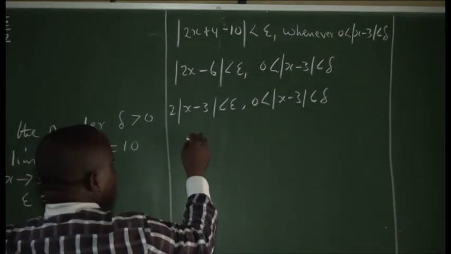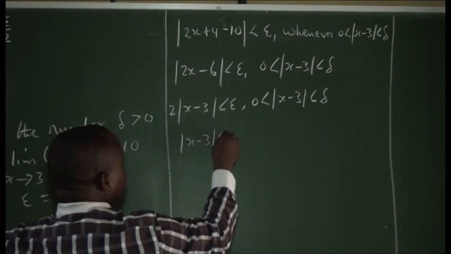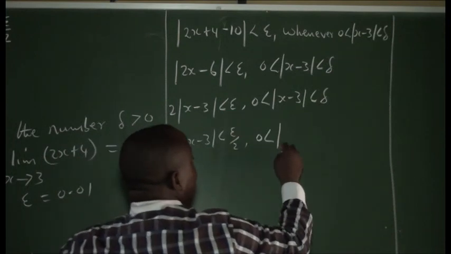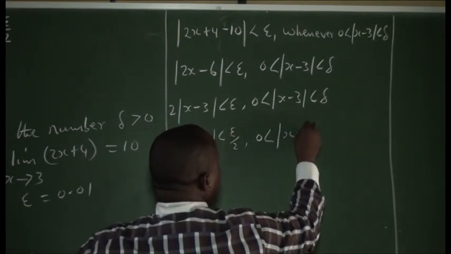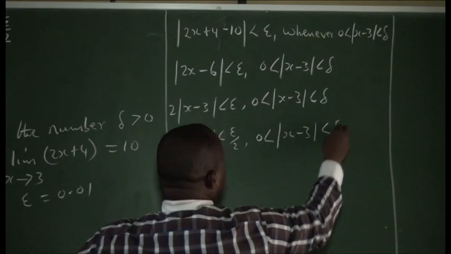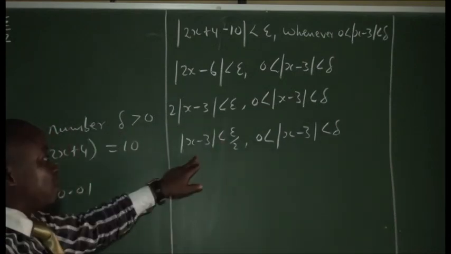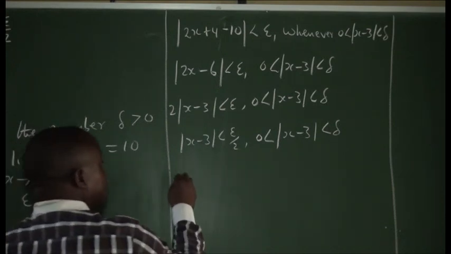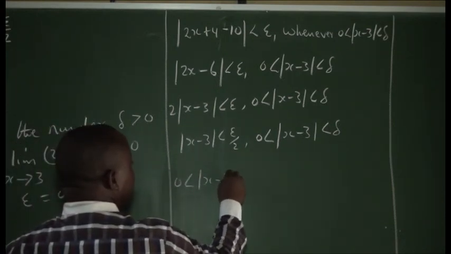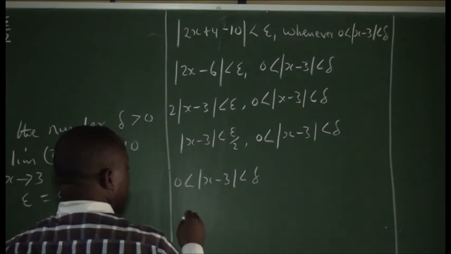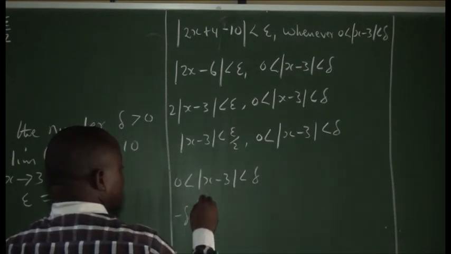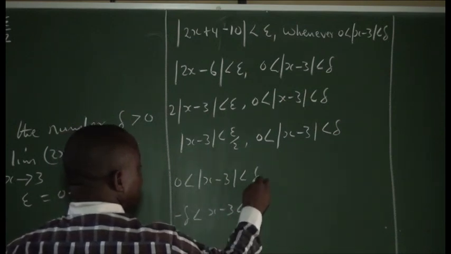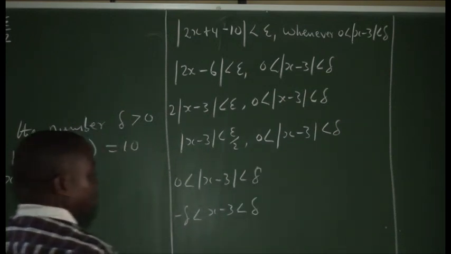So you divide here, you have |x − 3| is less than epsilon over 2 whenever 0 is less than |x − 3| and less than delta. Notice that we come to a point where we have the same value again, which implies that 0 is less than |x − 3| and less than delta, that is, −delta is less than x − 3 and less than delta.